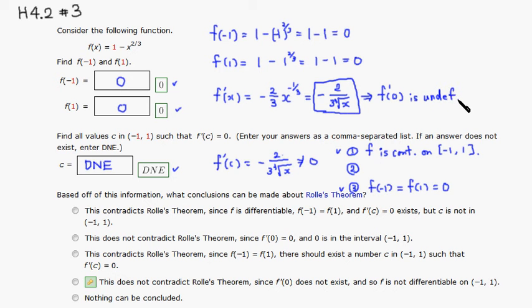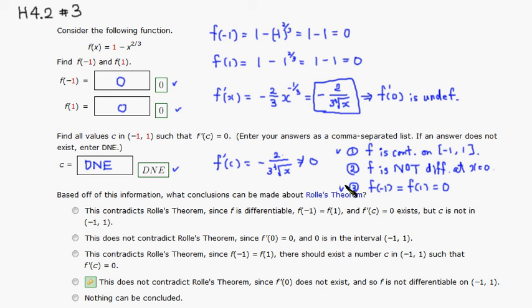We don't have a derivative there. So f is not differentiable at x equals 0.